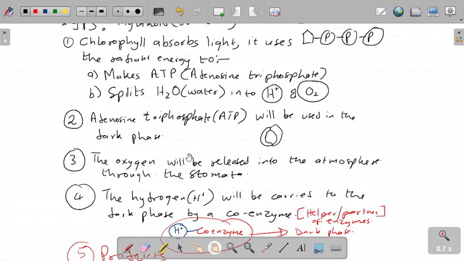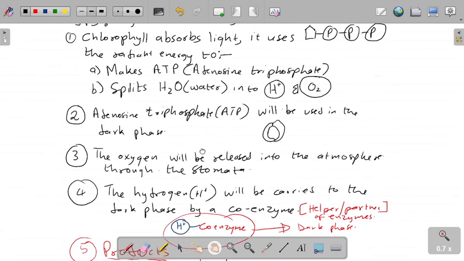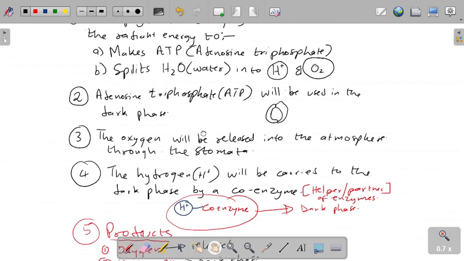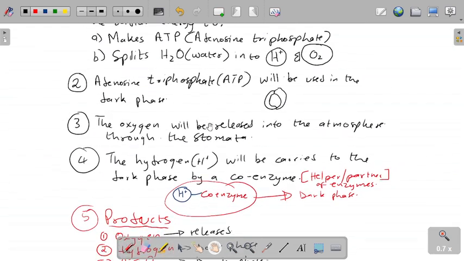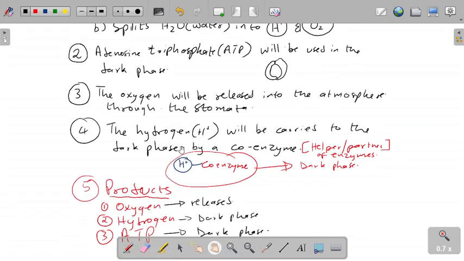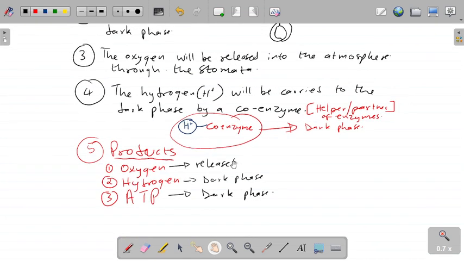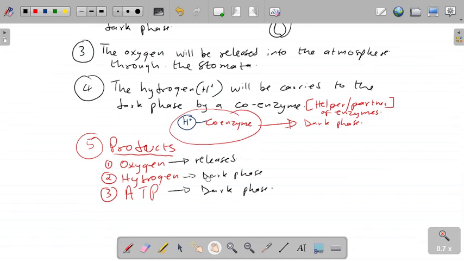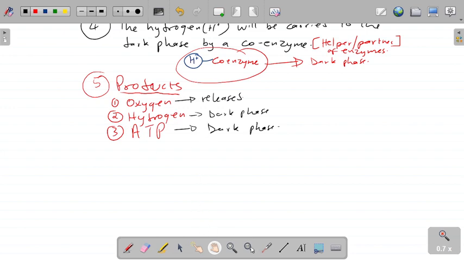O2 is released from the plant via the stomata. ATP will be used in the dark phase. Oxygen is released, hydrogen will be carried to the dark phase by a coenzyme. And then these are the products.